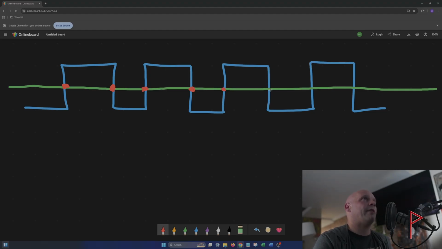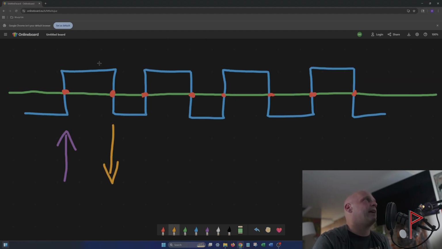So these red dots represent when data is being read, and in dual data rate, data is being read at both the rising edge and the falling edge. This is a cycle, a hertz. Between that and that is a hertz. And for every hertz, there are 2 transfers. You see, that's dual data rate.